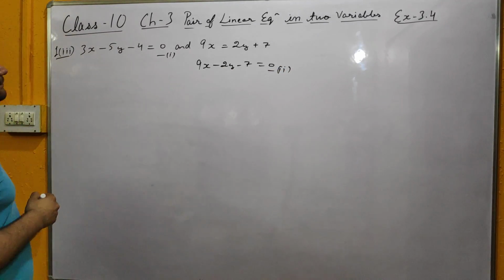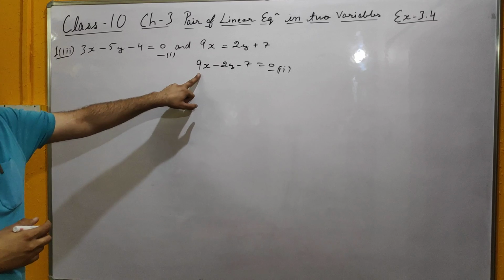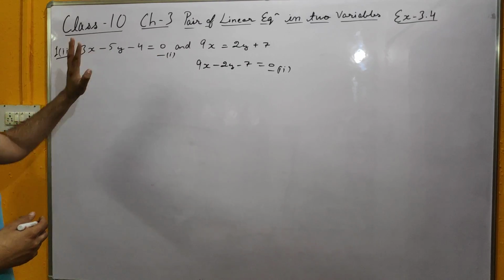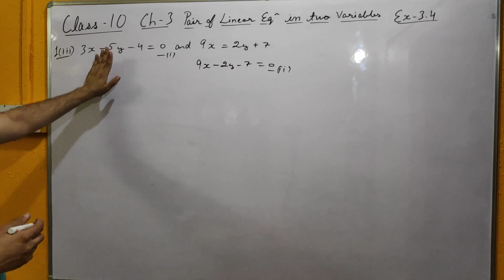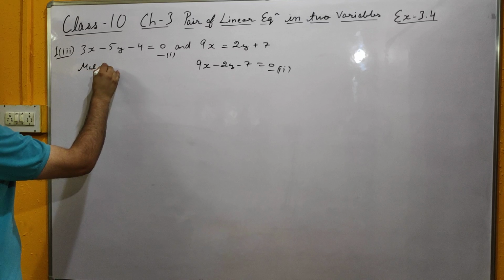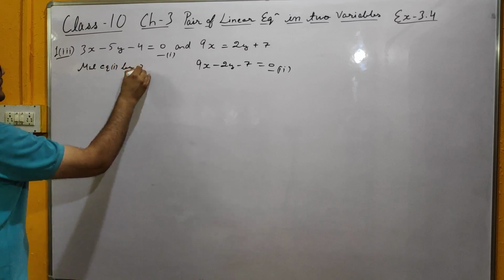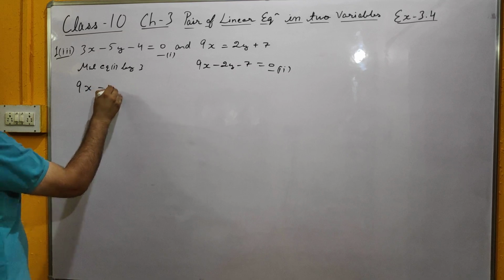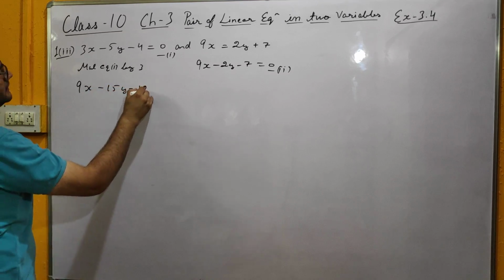Now my dear students, here it is 3x, here it is 9x, here it is minus 5, minus 2. What can we do? Just multiply this equation by 3. What will we get? 3 3s are 9x minus 5 3s are 15y, 4 3s are 12.